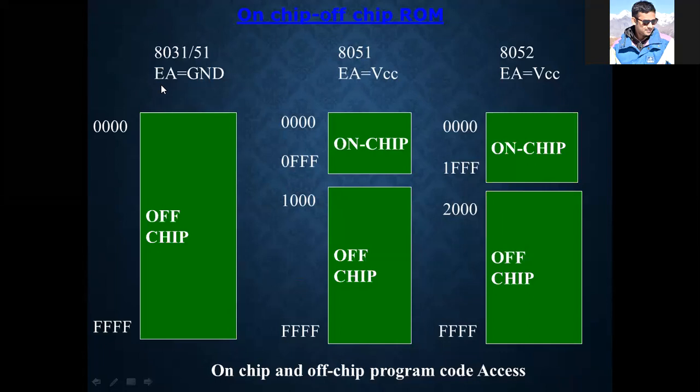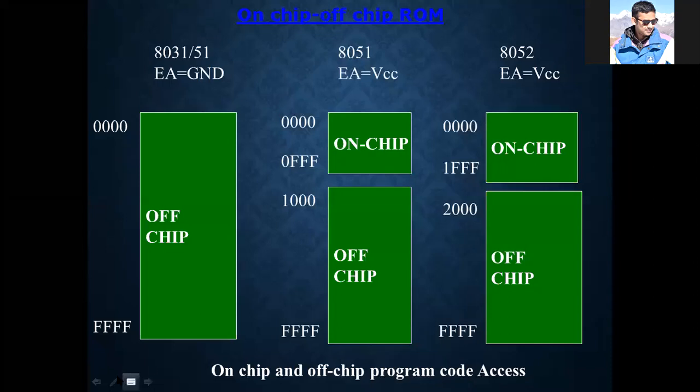And as this particular 8031 does not have any on-chip ROM, this microcontroller needs to connect the external RAM or ROM totally externally. Totally externally means there is no on-chip ROM.